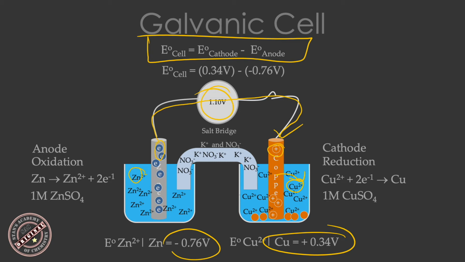Now, one of the problems that would happen is with time, the concentration of zinc ions increases, making this container positively charged, and making the right compartment, because the copper is going to be reduced, gains electrons, and it changes into solid copper.